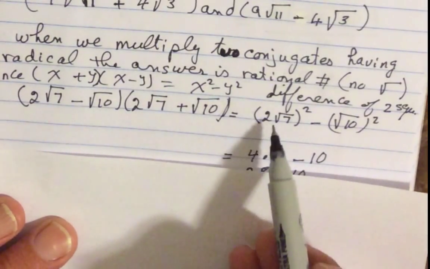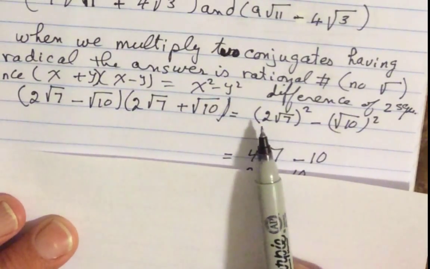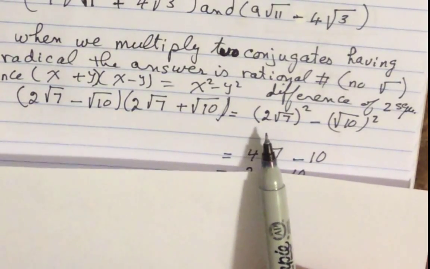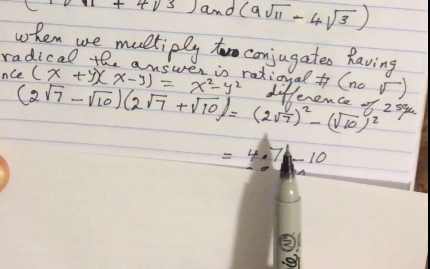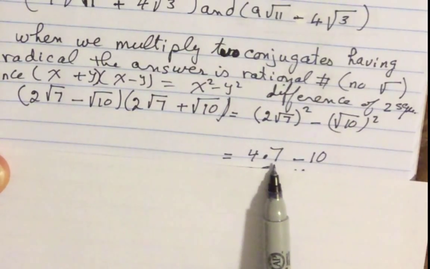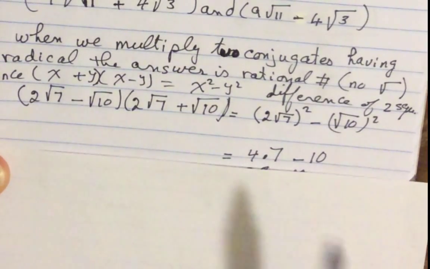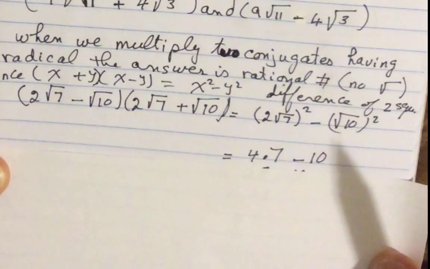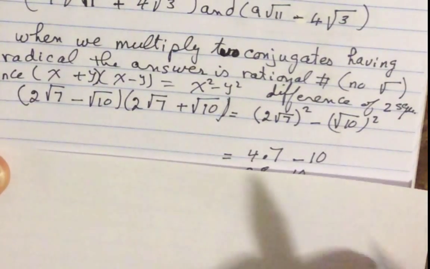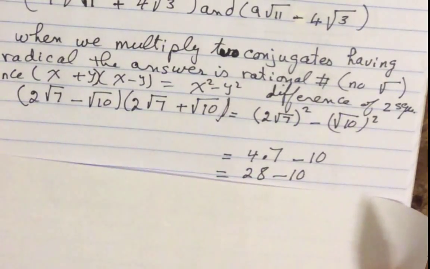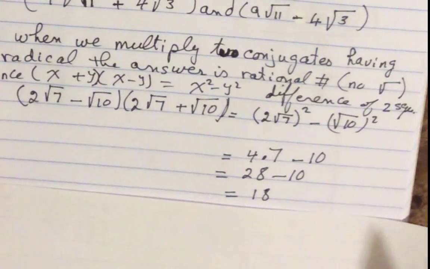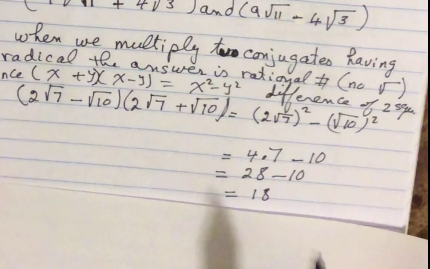When I square this, I'm doing 2 square root of 7 times another 2 square root of 7. 2 times 2 is 4. Square root of 7 times square root of 7 is going to be a regular 7. So now I have 4 times 7. Over here, when I square the square root of 10, I get the number 10. 4 times 7, that's 28. 28 minus 10 is 18.